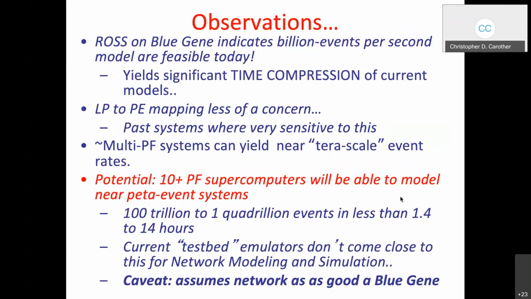The real caveat to all of this, again, I've been mentioning this, is that it assumes your network and your supercomputer are as good as what we observed on Blue Gene, and that was across the family. Unfortunately, today we've entered into a regime where the networks just haven't kept up with the compute capability. If I look at our AMOS system as well as the Summit and Sierra systems that are available today, amazing systems, no doubt about it, but the networking is by any stretch underpowered for what the compute nodes can do.